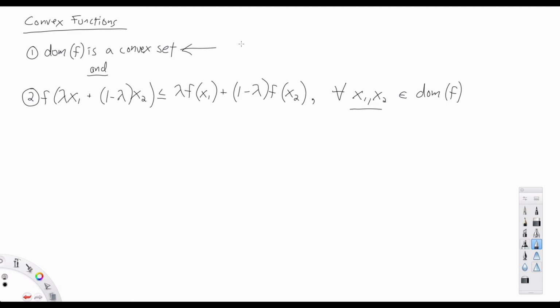Thinking back to the definition of a line that we've used before, on the left-hand side, we're looking at values of lambda such that we are going across a line between x1 and x2. And we are requiring here that the function value of any point along this line connecting x1 and x2 is going to be less than or equal to this quantity.